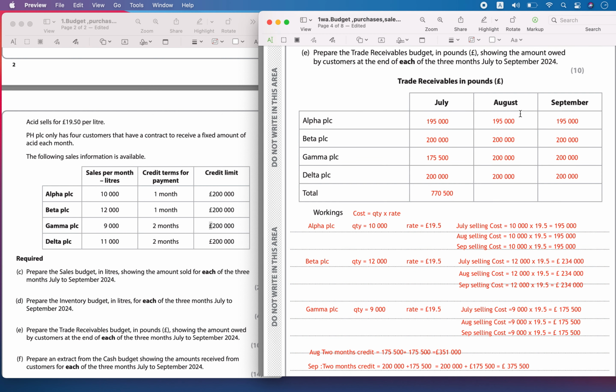Then for the month of August, let's add up all this. So that will be equal to 195,000 plus 200,000 plus 200,000 plus 200,000, which will be equal to 795,000. Okay, and for the month of September, it's the same value, so this will also be the same.